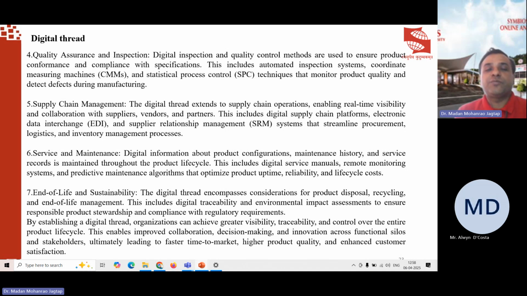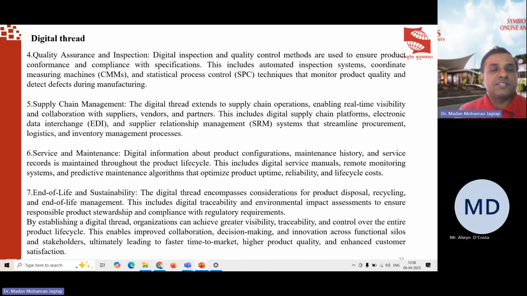Digital information about product configuration, maintenance history, and service records is maintained throughout the product life cycle. This includes digital service manuals, remote monitoring systems, and predictive maintenance algorithms that optimize product uptime, reliability, and life cycle cost. So service and maintenance is again a part of the digital thread.